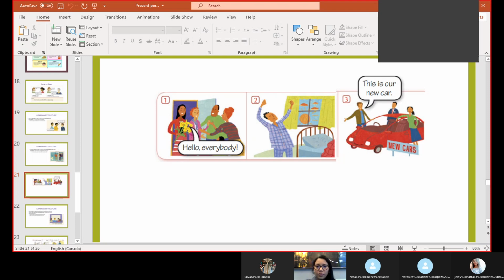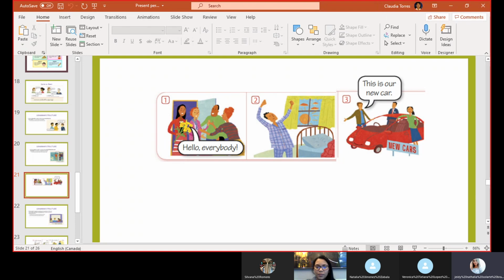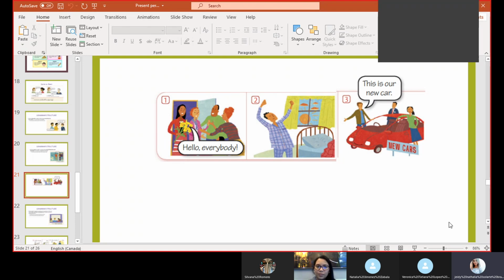Heidi? Yes, teacher. So on the left, they just arrived. Yeah, they've just arrived. So that's number 1, right? Yeah, very well. Natalia agrees with you, Heidi.